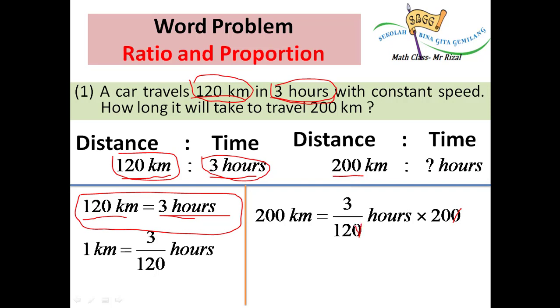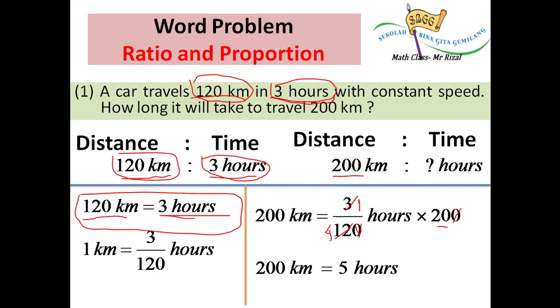After you cross out the zero, we got 3 out of 12 times 20. 3 out of 12 is divisible by 3. So 3 divided by 3 is 1, and 12 divided by 3 is 4. So what is left now is 20 times 1 divided by 4, equal to 5.